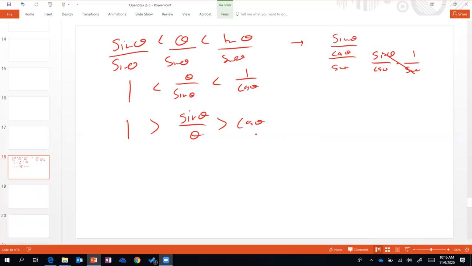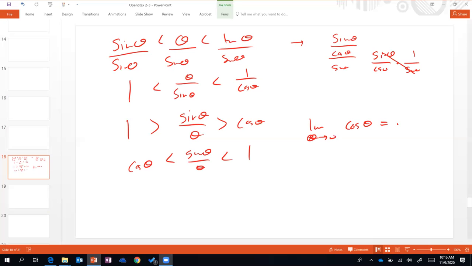Okay, so then we can move it around. I like to see it like this: cosine theta is less than sine theta over theta is less than 1. Are we good? So let's see if this makes sense. Limit as theta goes to 0, what's cosine theta going to be? 1, right? We looked at it earlier.